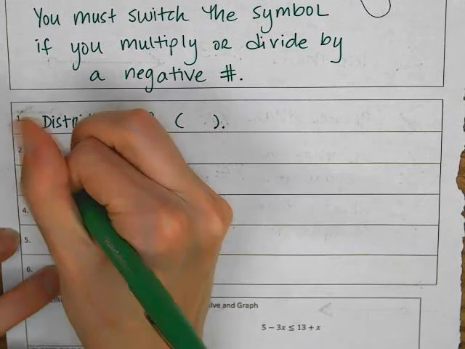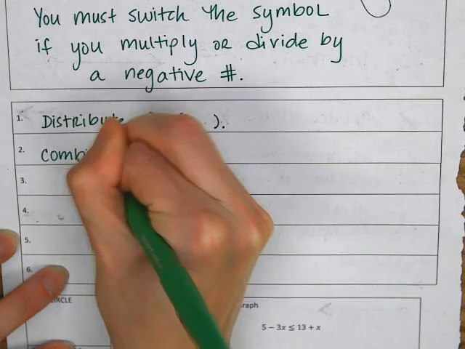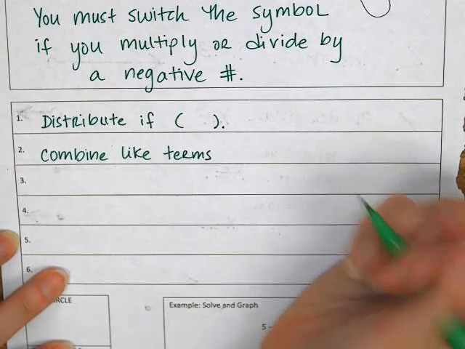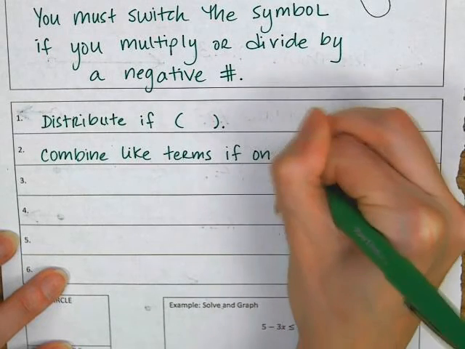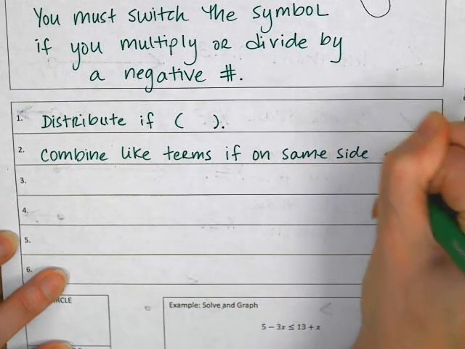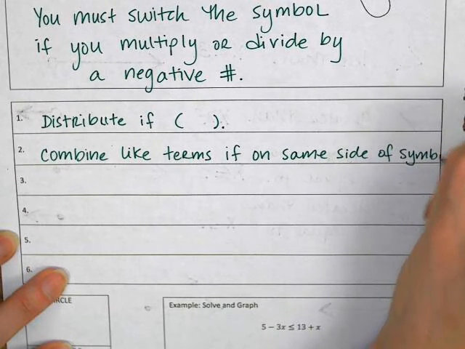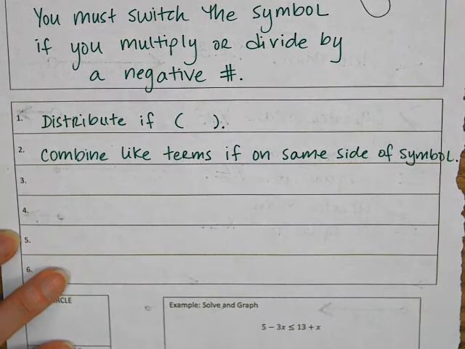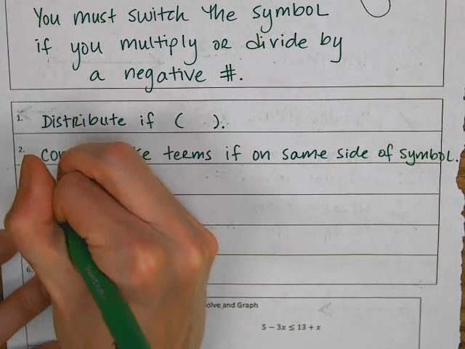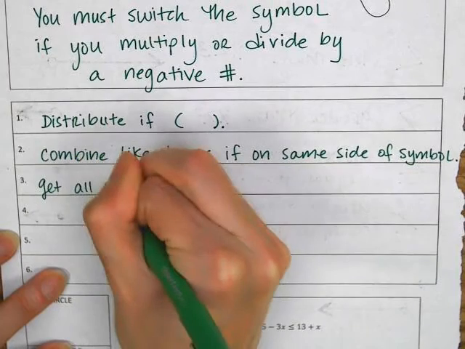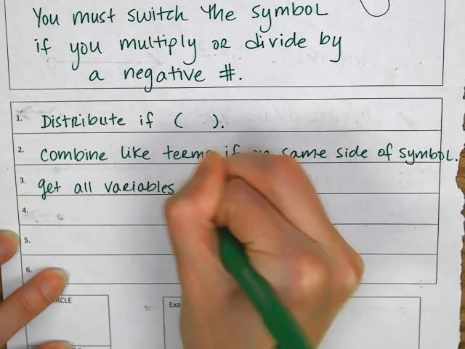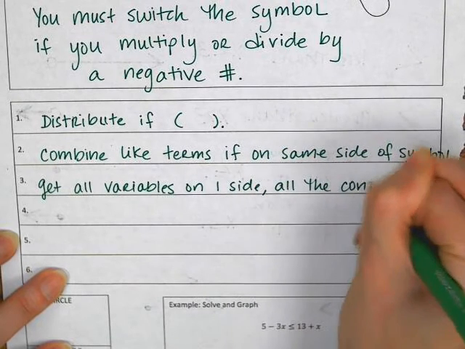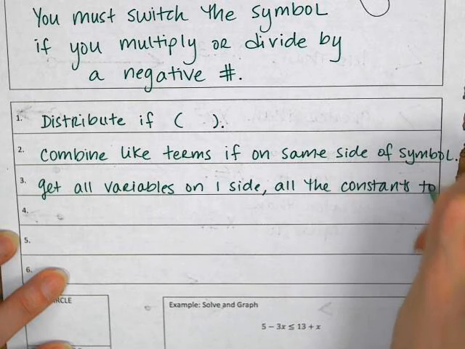Next step is combine any like terms, if they're on the same side of the inequality symbol. And then you're going to do that whole movement where we're going to get all the variables on one side and all the constants to the other side.